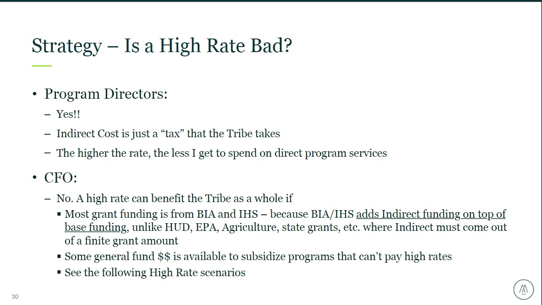You get more funding from IHS and BIA if you have a higher rate, unlike for your HUD, EPA, USDA, and other programs that don't allow you to charge indirect on top of the normal grant amount. And this only works if you have some general fund money available to subsidize the programs that can't pay those higher rates. So I'm going to go through a few high rate scenarios to show you what strategies can be evaluated.